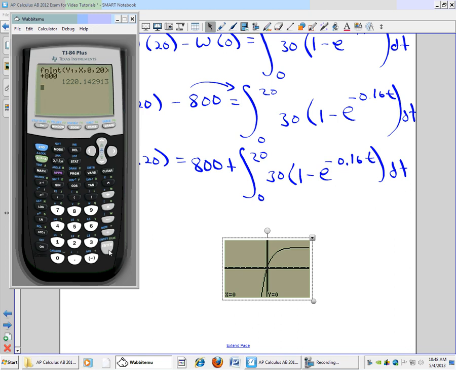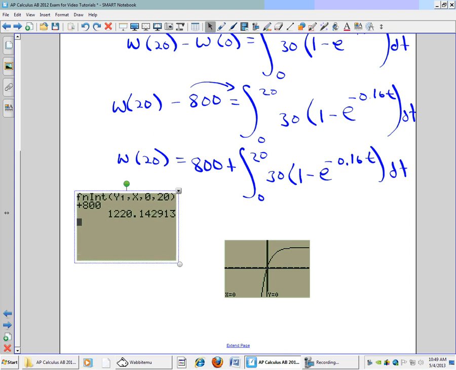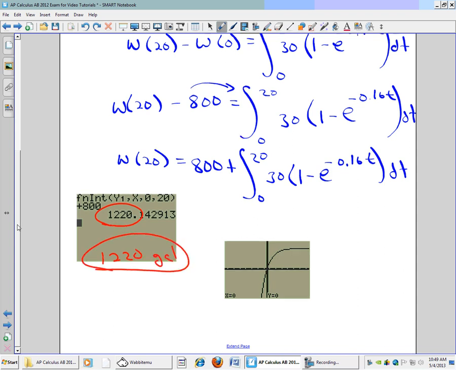Let's pull that answer down. Notice that this is a decimal, but they wanted us to round this to the nearest gallon. And so our answer then will be 1,220 gallons, which is answer choice D.